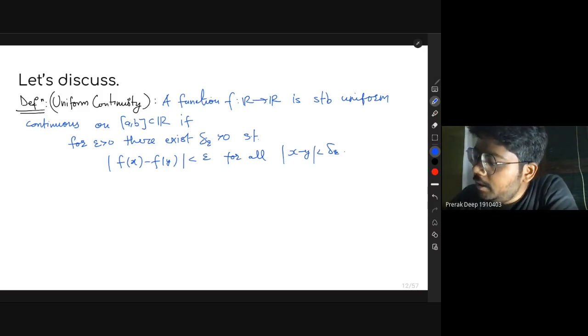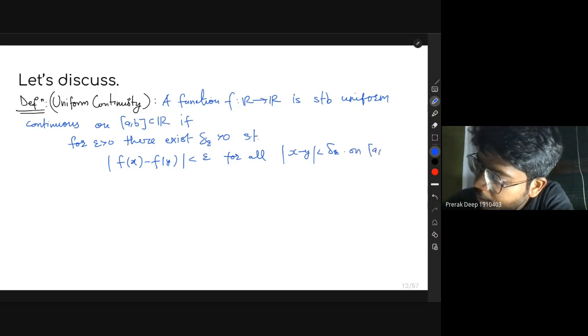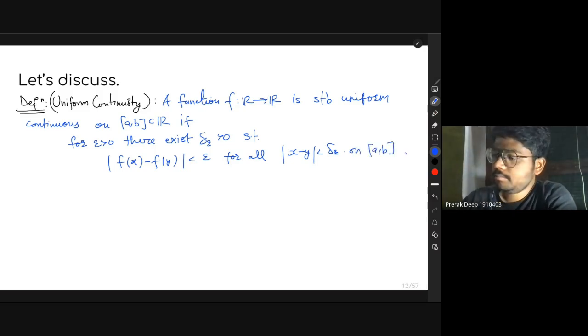Okay, for all x, y satisfying this property on this interval (a, b). Okay, such functions are called uniformly continuous.